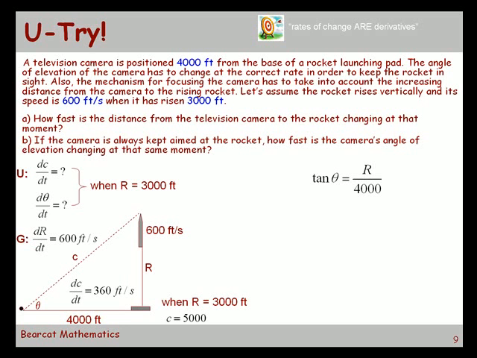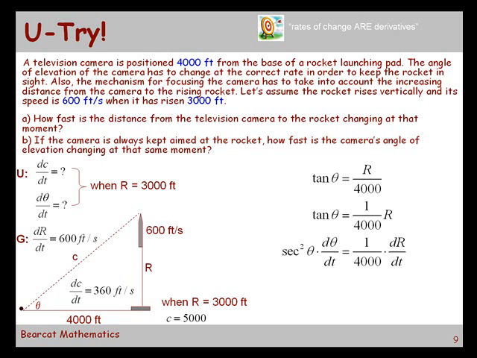It'll just be dr dt, and still times 1/4000th. I've chosen to go ahead and split that and think of it as a multiplier. So the derivative of tangent theta is secant squared theta times d theta dt. That's going to equal the derivative of the right side, which is just 1/4000th, a constant multiple, so it just comes along for the ride, times dr dt.